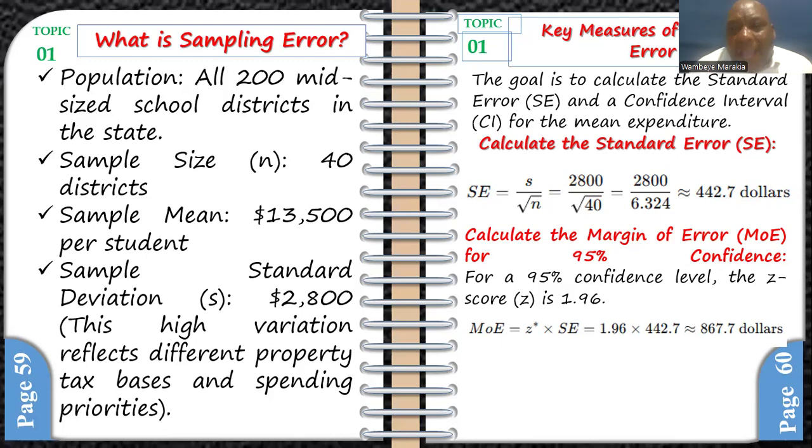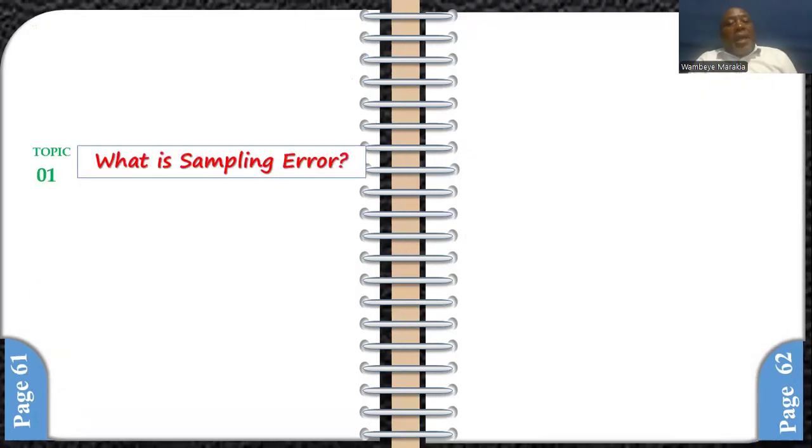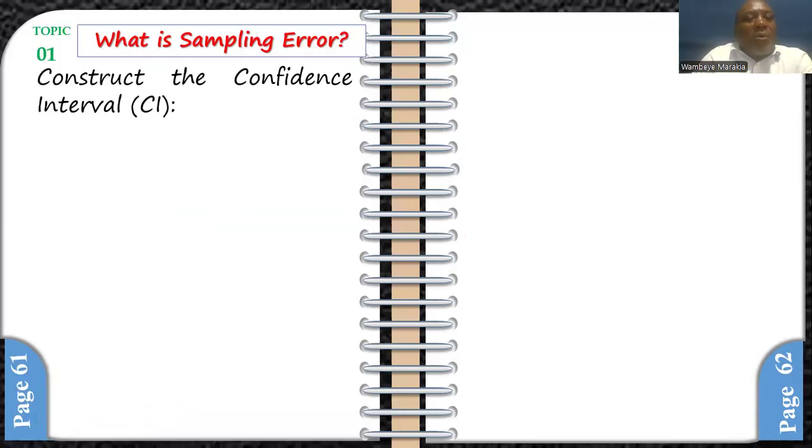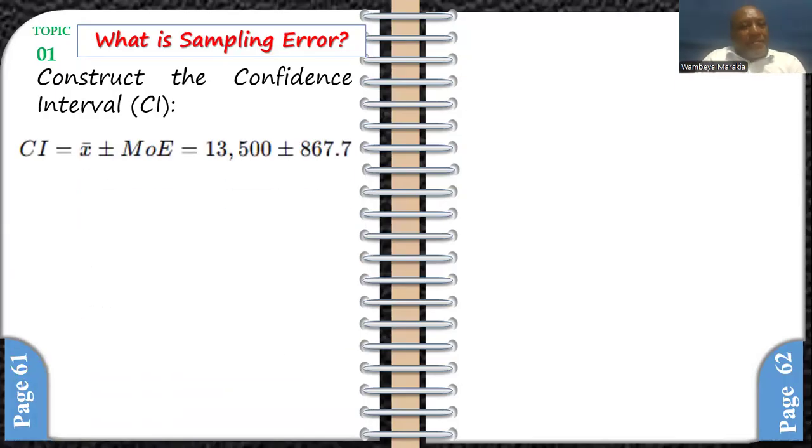So from here, we move on to construct the confidence intervals. Because we have the margin of error and the standard error, we now move on to calculate our intervals. These intervals will help us make a decision as planners or policymakers.